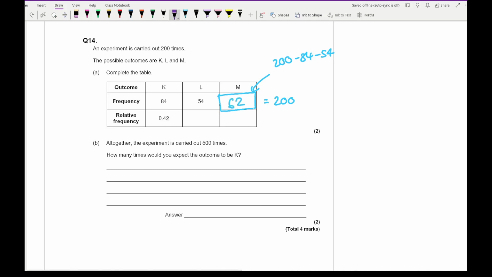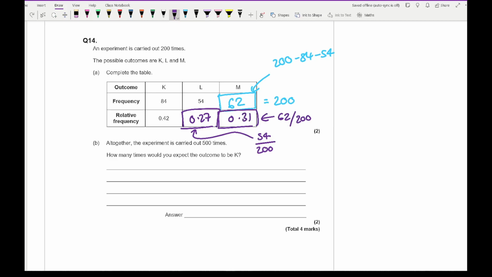And then for these numbers here, for this one, I've got to do 54 divided by 200, which gives me, as a decimal, 0.27. And 62 divided by 200 gives me an answer of 0.31.